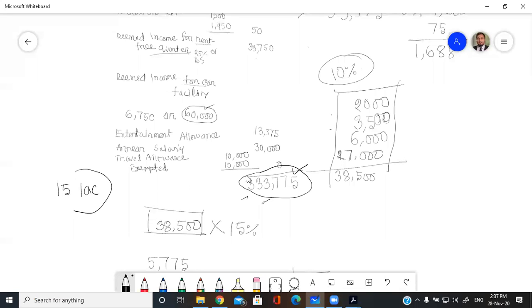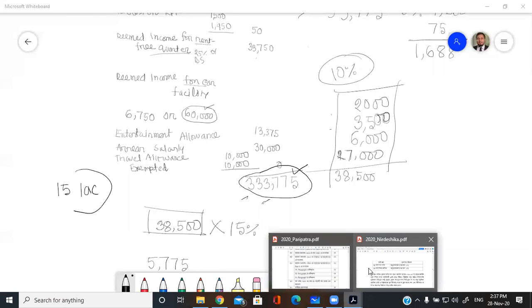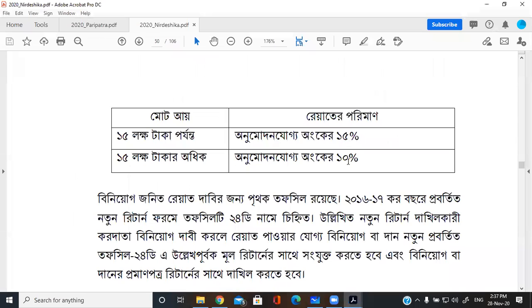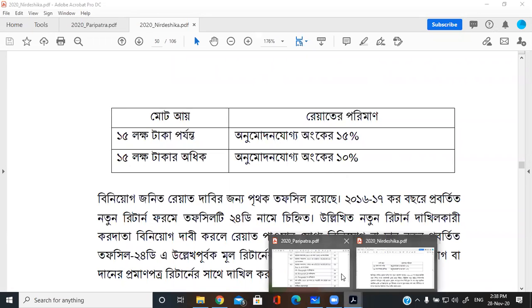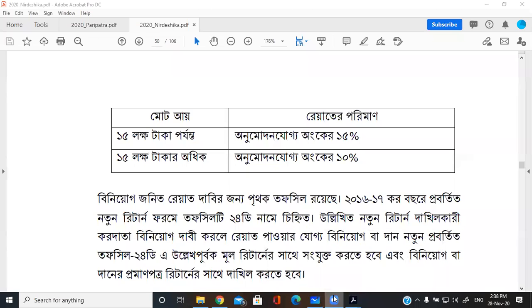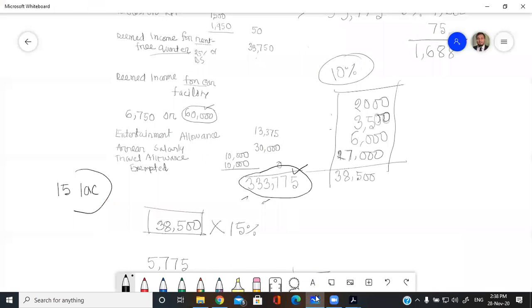In that case, which percentage will be applicable between these two, 15 or 10? As this person's total taxable income is within 15 lakhs, that's why the eligible percentage we applied is 15%.